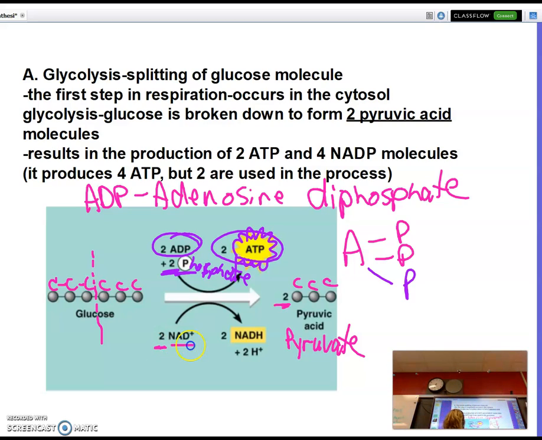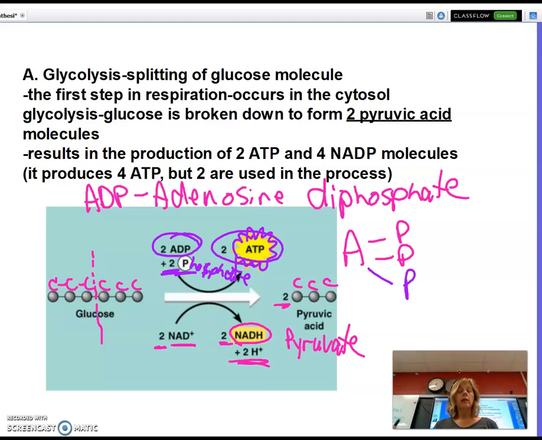We have 2 of these NAD plus molecules that now are converted into a couple of NADH, and then 2 additional hydrogen ions. Think of it as building little batteries, if you will, that are going to be used to provide energy later in this cellular respiration process.